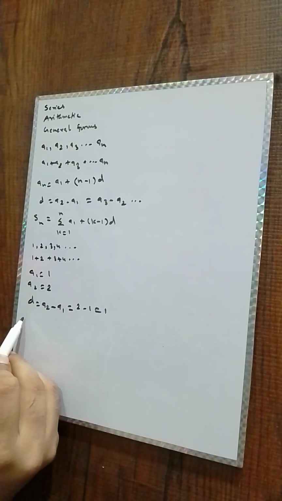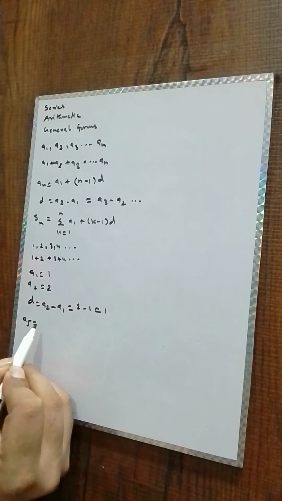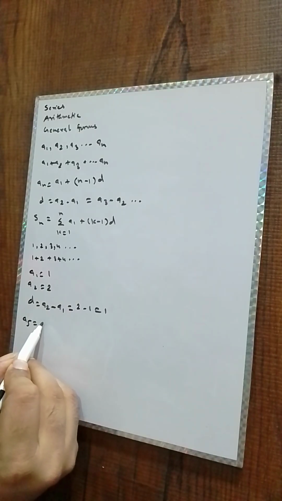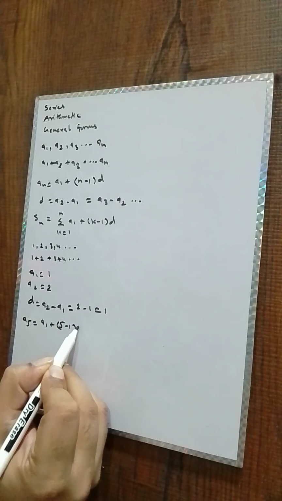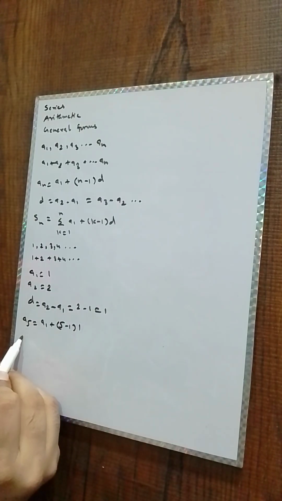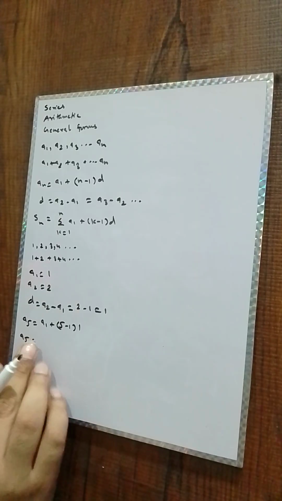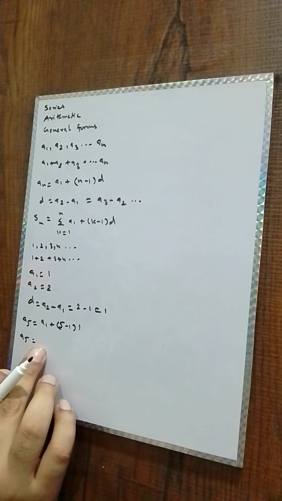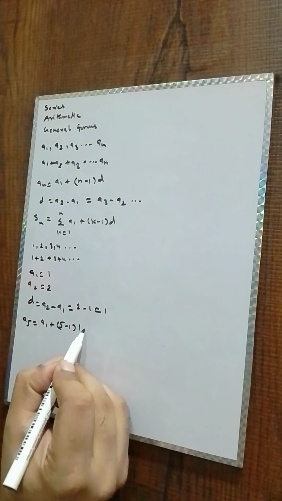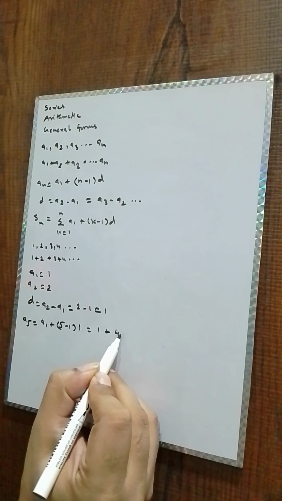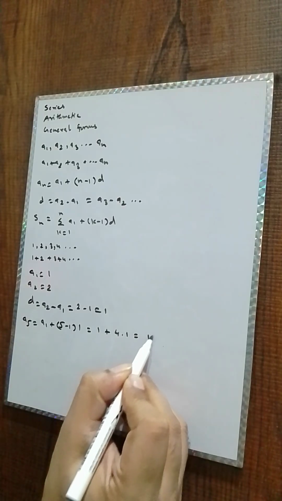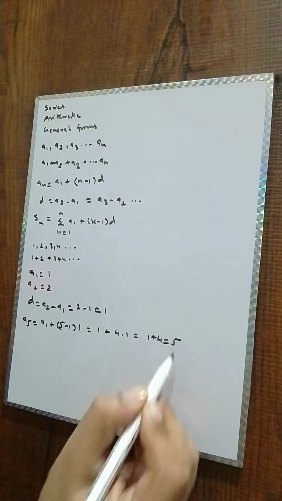And then for the nth term, if we are to find the fifth term, it would become a1 plus 5 minus 1 into 1. So the fifth term would be 1 plus 4 dot 1 is equal to 1 plus 4 is equal to 5.